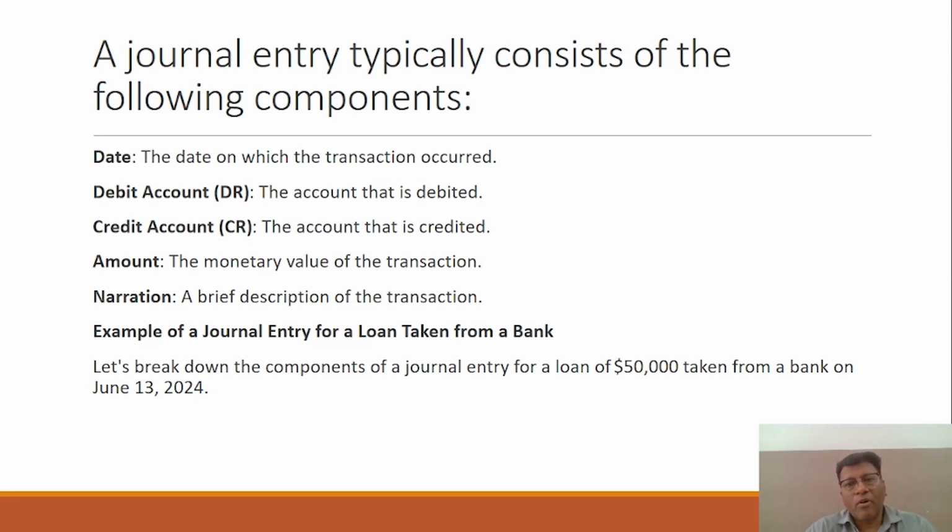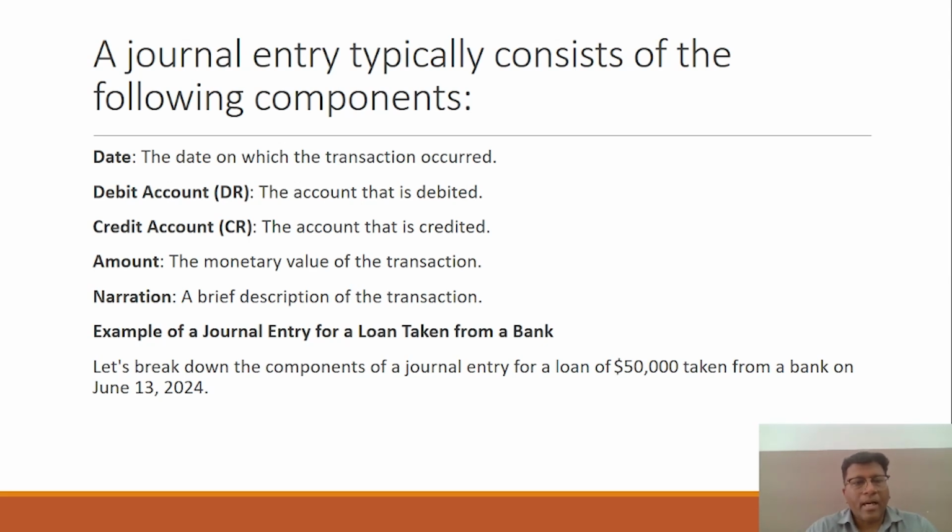As you know, we are following the double entry system. Under the double entry system, you have to debit one account, and on the other side the second account which is impacted by the transaction would be credited. You have to mention the monetary value of the business transaction, so the amount must be mentioned on the debit and credit side.